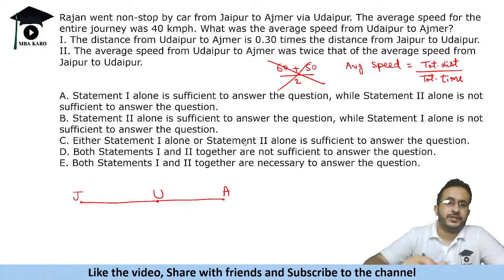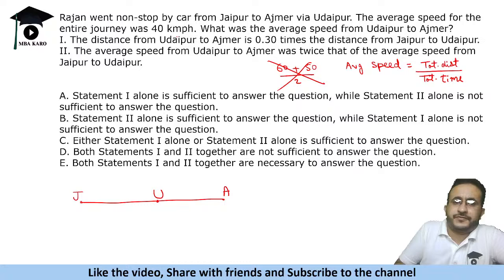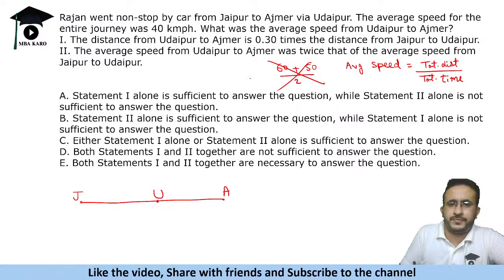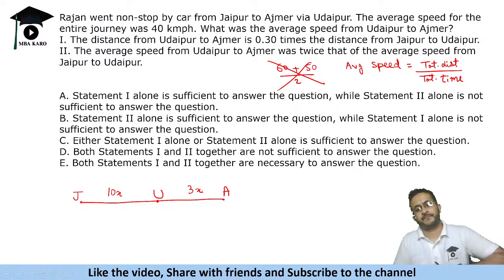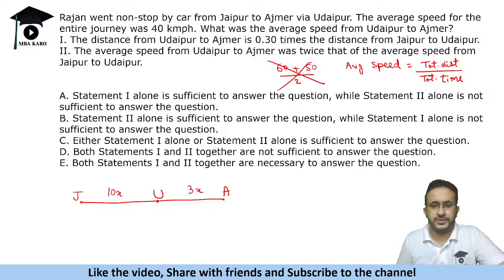This first statement says the distance from Udaipur to Ajmer is 0.3 times the distance from Jaipur to Udaipur. So let us say this distance is 10x and this distance is 3x. Can we answer using this?